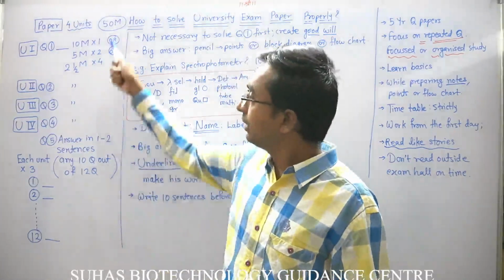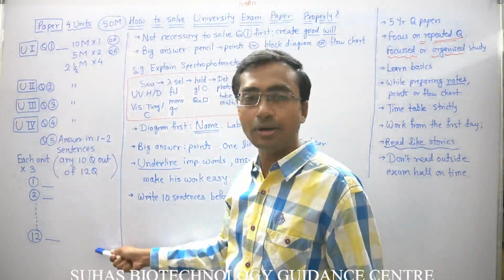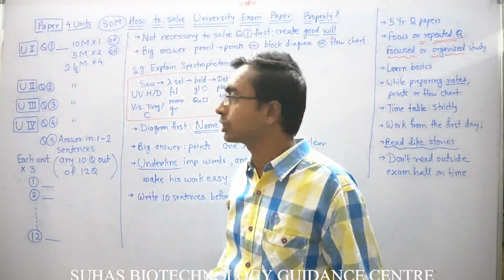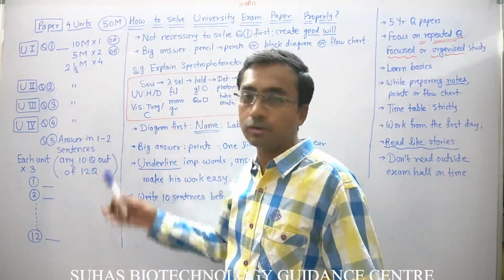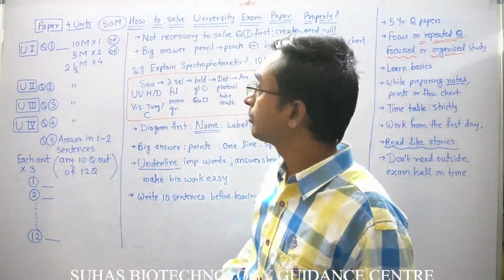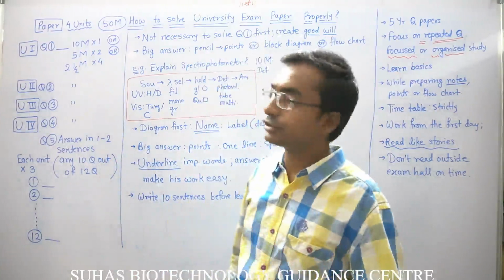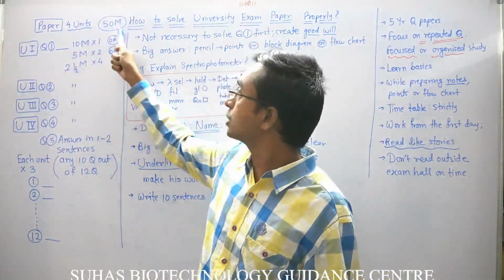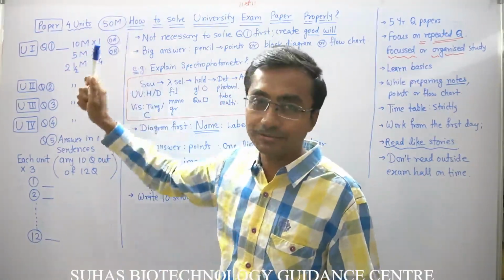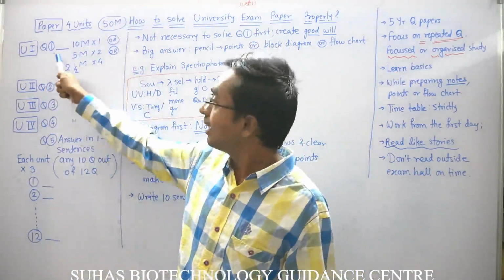Here I have written a typical type of question paper which most universities follow. You can see that in most universities, in one paper you have 4 units and generally the question paper is of 50 marks. Most of the time there are 5 questions.